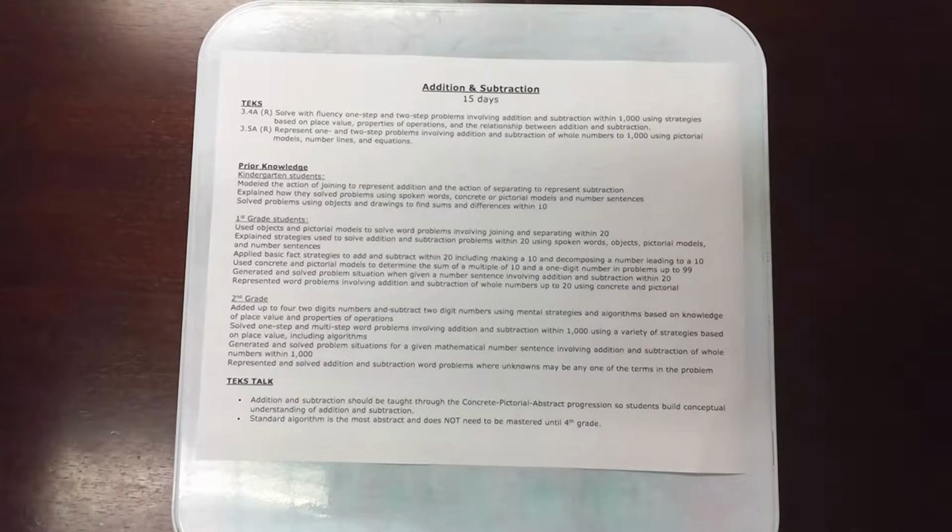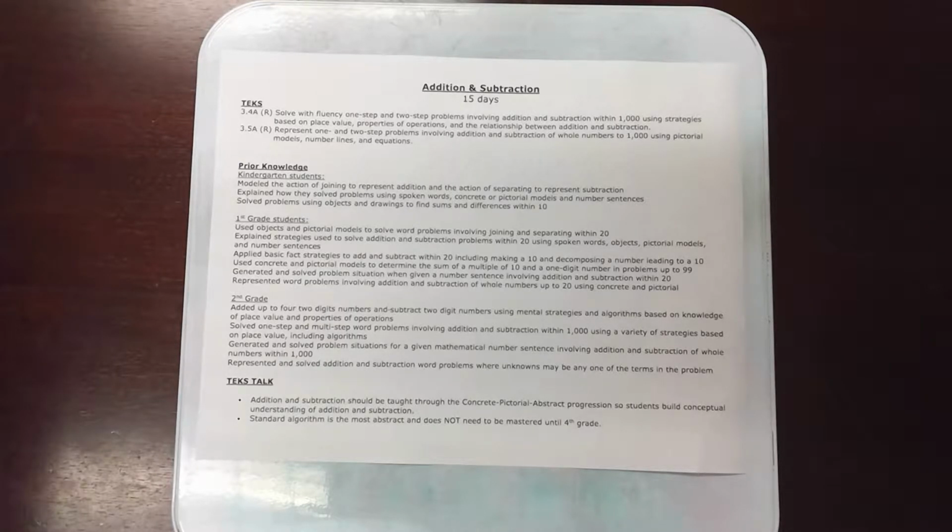So I think the most important thing to remember about addition and subtraction both, and really multiplication and division when we get there, is that we have to take students through that concrete, pictorial, abstract progression. We really want students to have a good understanding of what we are doing with these digits, what we're doing with these numbers, why do I regroup, making sense of the process. So we have to take them through the progression.